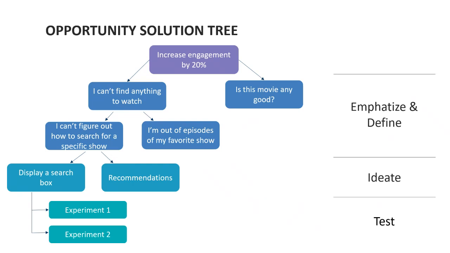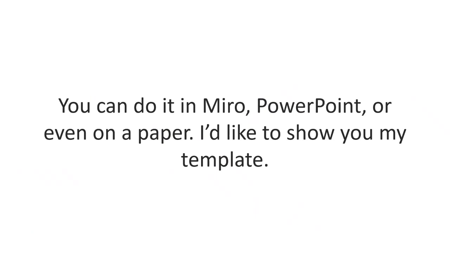And you can do it in Miro, you can do it in PowerPoint, you can do it even on paper. But I would like to show you the template that I am using, and this template is available as part of product management resources. As all of you are premium subscribers, you can go to the PM resources and duplicate my Notion collection, so you will have access to an editable version.